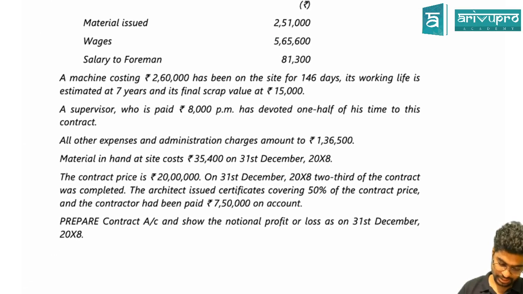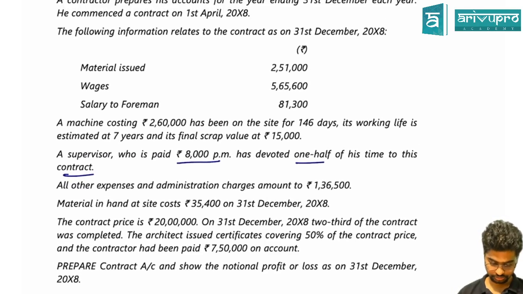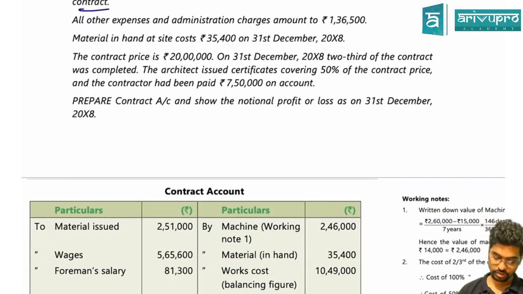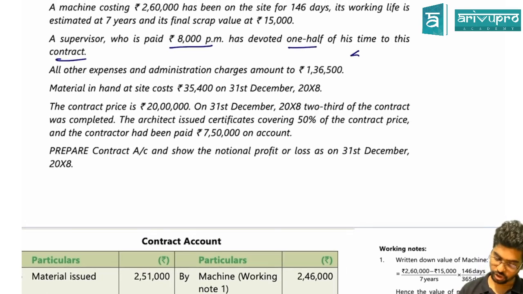Done. Next one, the supervisor is paid 8,000 per month but devoted 1/2 of his time to the contract. So how much of the supervisor's salary will you take? 4,000 rupees for how many months?